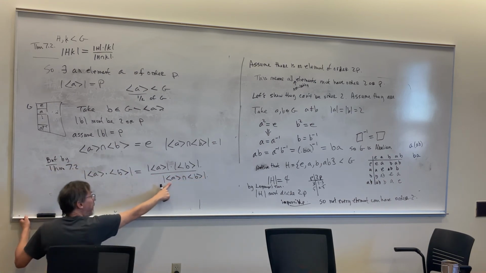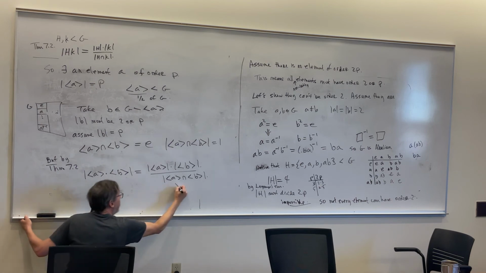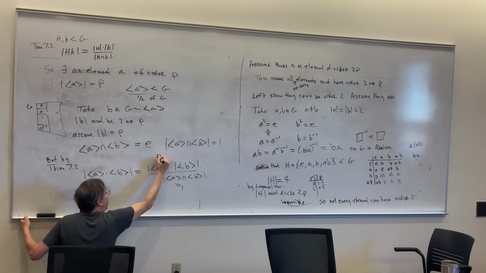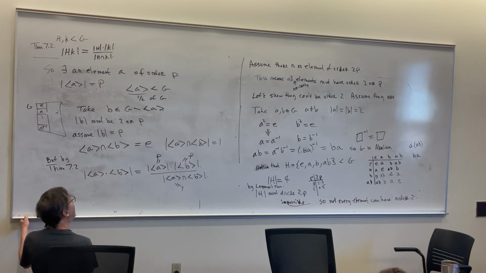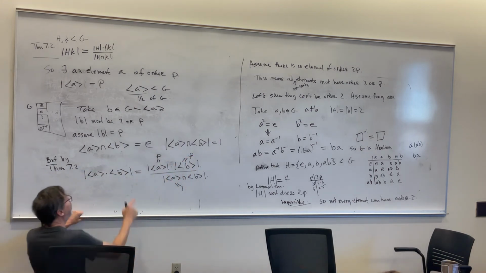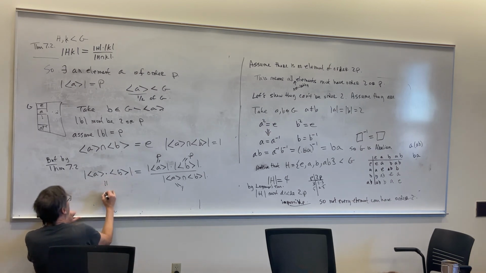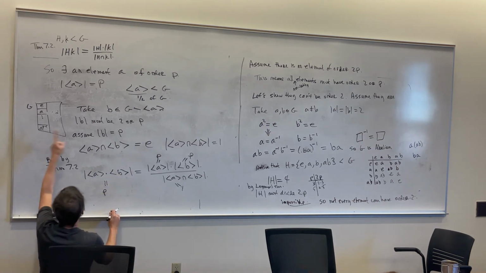And that's 1. Each of these has order P. Does that sound right? So this is equal to P squared, the order of all products from here to there.